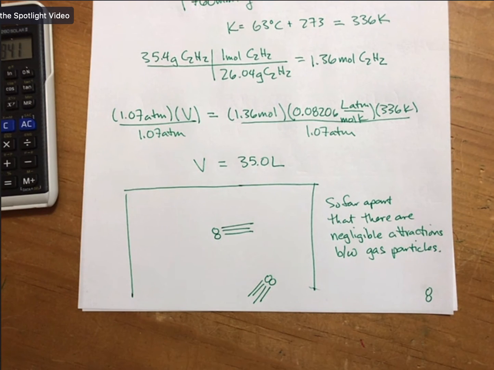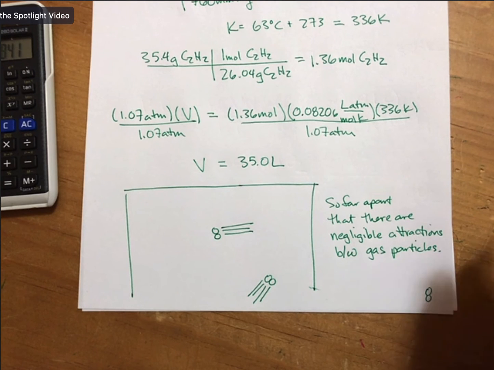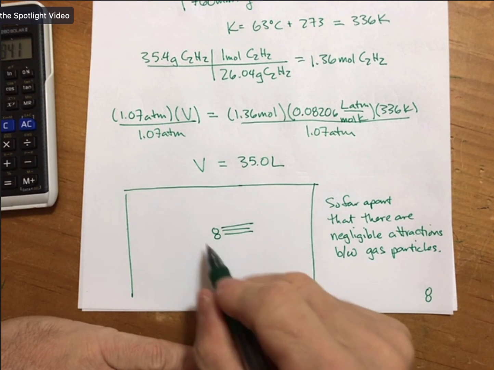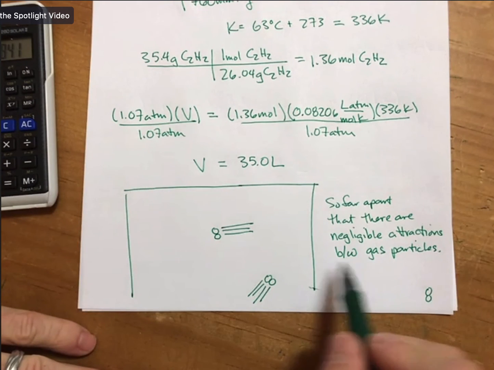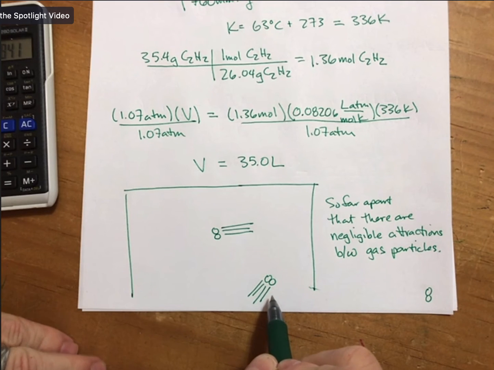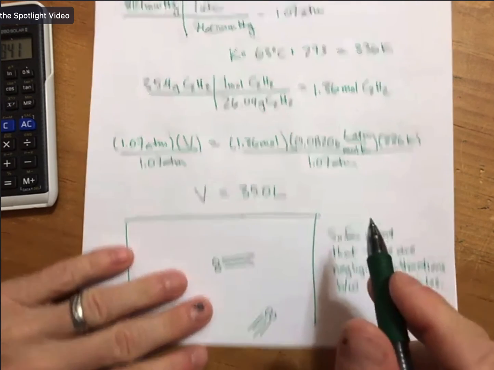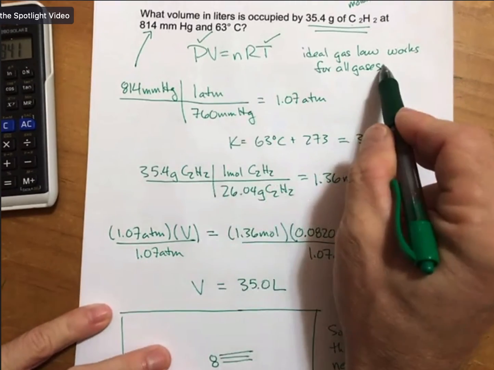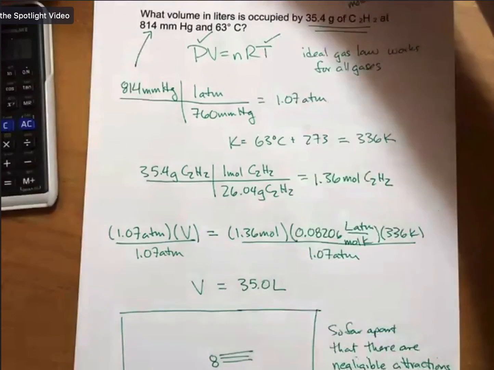But in the aqueous phase, you had aqueous particles that were surrounded by water molecules, and those were far apart as well. But we will not talk about theories of liquids, and we will not talk about theories of solids because they're just too complicated for us right now. Anyway, our picture of gases as being so far apart and moving so quickly is why we can use this equation for any gas and why all gases act the same. Thought I'd throw that in there too.